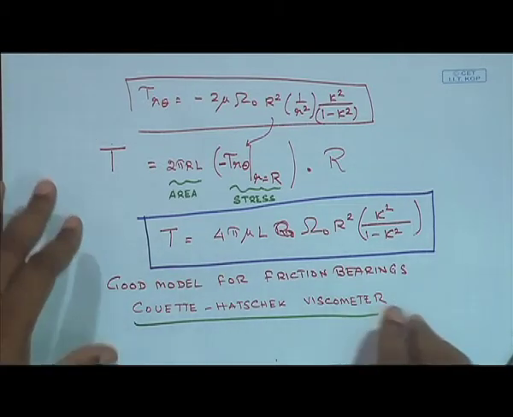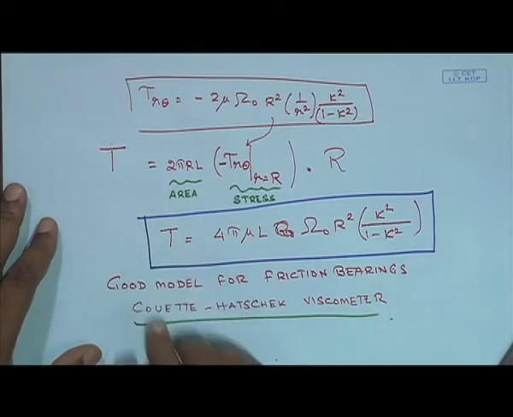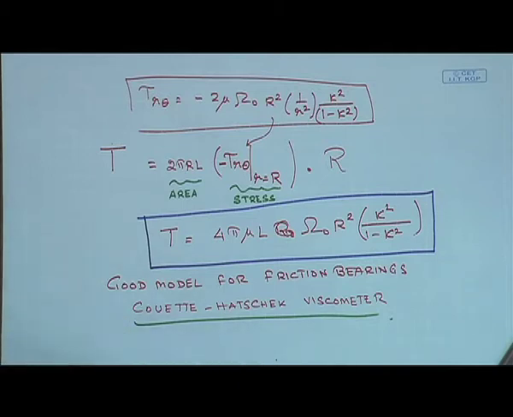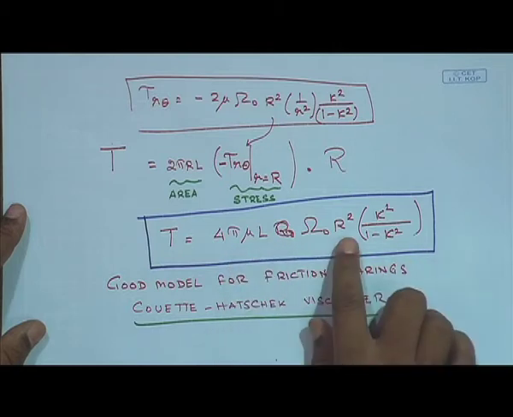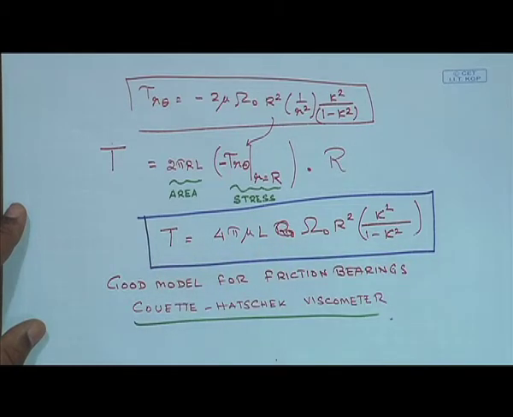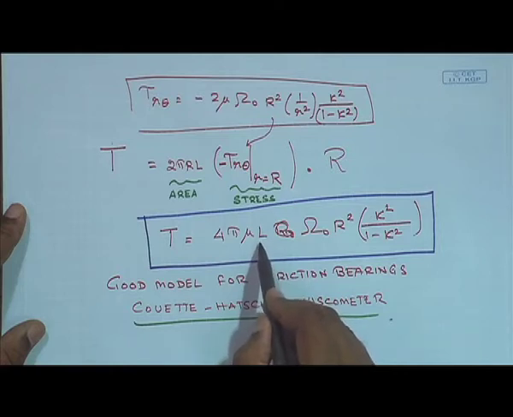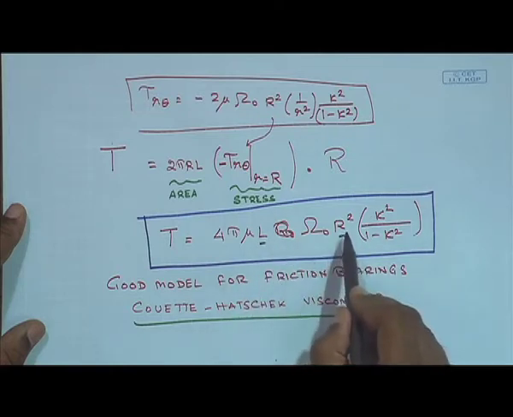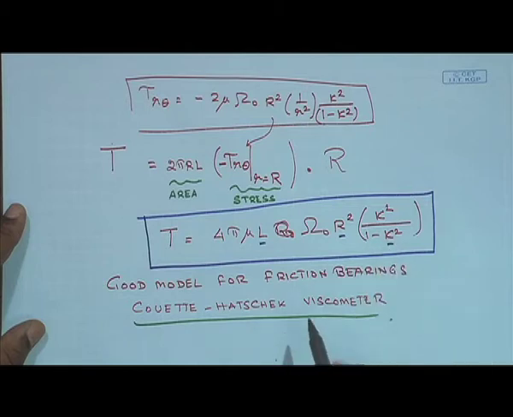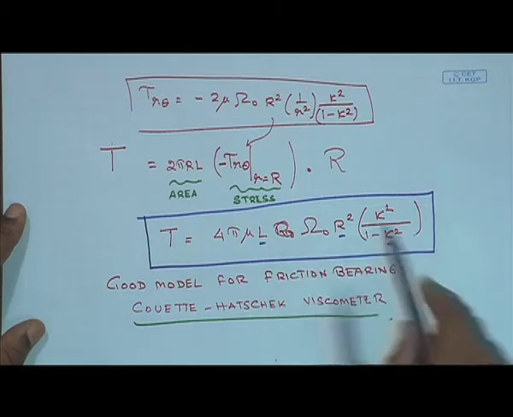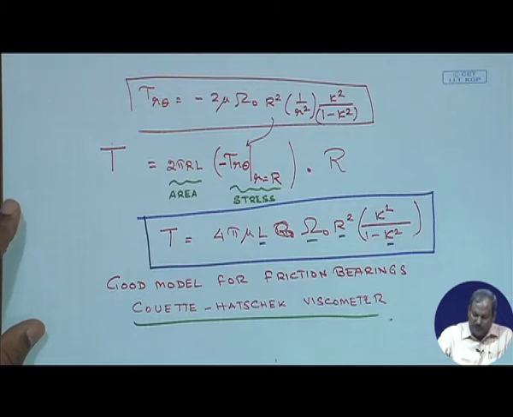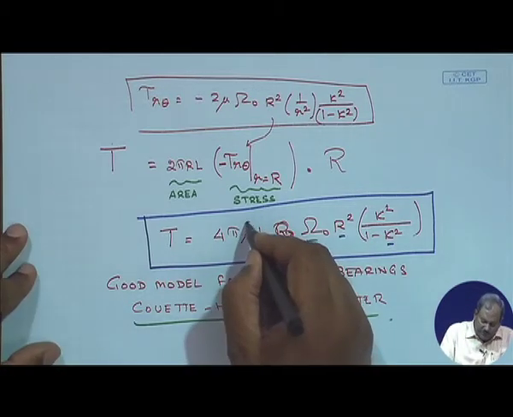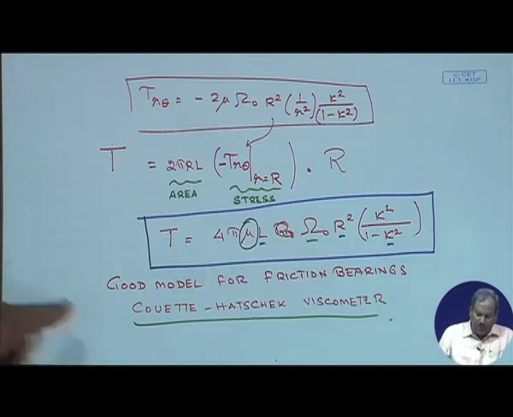What we have done so far is obtain an expression for torque when we have two cylinders, one kept stationary and the outer one being rotated. The torque expression contains the geometric parameters L, R and kappa, the operational parameter omega naught, and the property of the liquid that is of interest, mu.